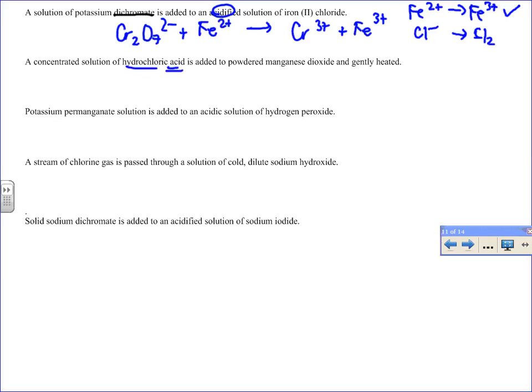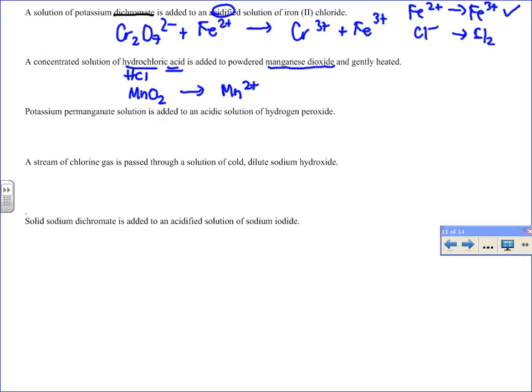All right, with this next one, we've got a concentrated solution of hydrochloric acid. Okay, so we know that we've got acid, but we also know that we've got HCl, so chlorine might be involved. And we've got powdered manganese dioxide. So powdered manganese dioxide is MnO2. Okay, in an acid solution, that is converted into Mn2+. Okay, so we know that that has been reduced, because manganese is +4 in the MnO2 and it's gone to +2.